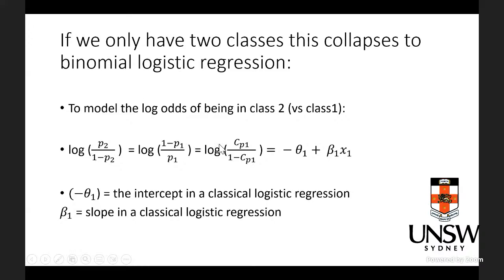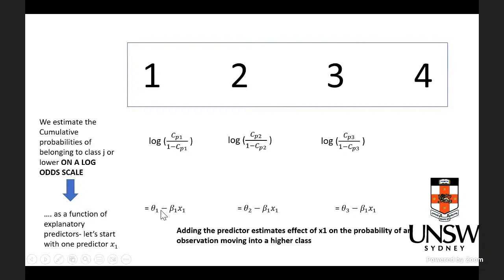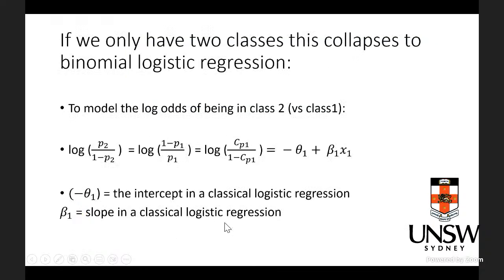P1 is the same as CP1, since the cumulative probability of being in 1 or lower is the probability of being in 1. That equation is minus theta1 plus beta1 x1, the negative of this. Minus theta1 is the intercept in a classical logistic regression, and beta1 is the slope.